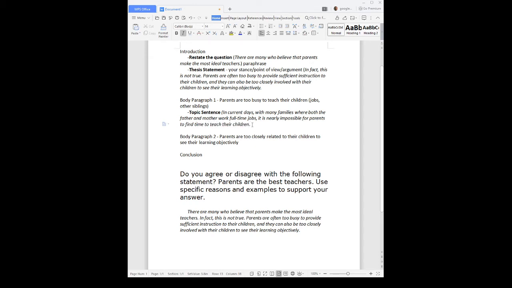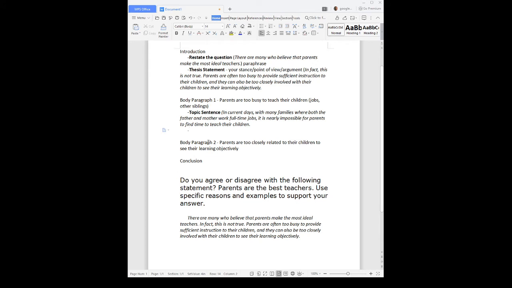All right? So I'm setting the stage. I'm going to give examples next, okay? So that's the topic sentence. This is what we're talking about. This is me making a claim, and now I have to back it up.